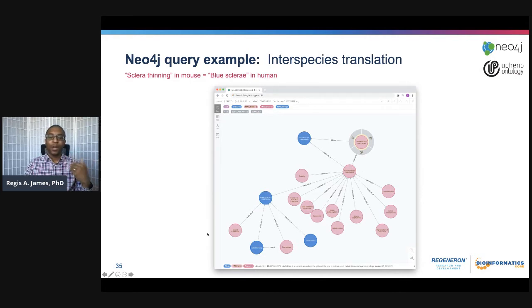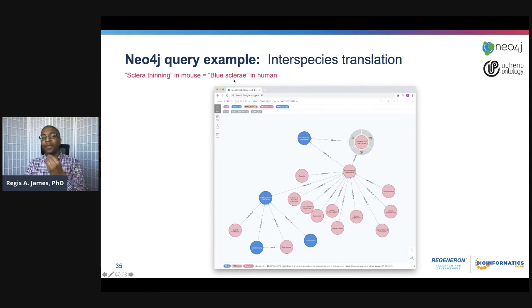Now, for example, and I've been mentioning this before, the utility of interspecies translations, the Spanglish translation. The blue sclera, for example, is what is seen in the eye when the sclera, which is the white of the eye, is thin. And this is because the vitreous fluid inside of the eye is dark because so much light is absorbed by the retina.